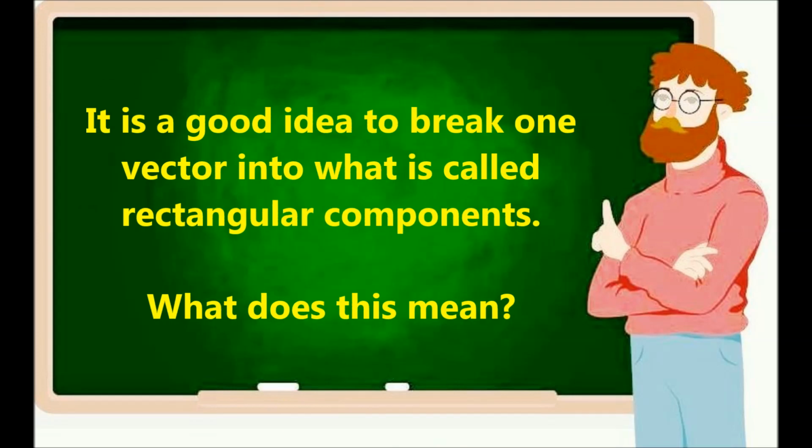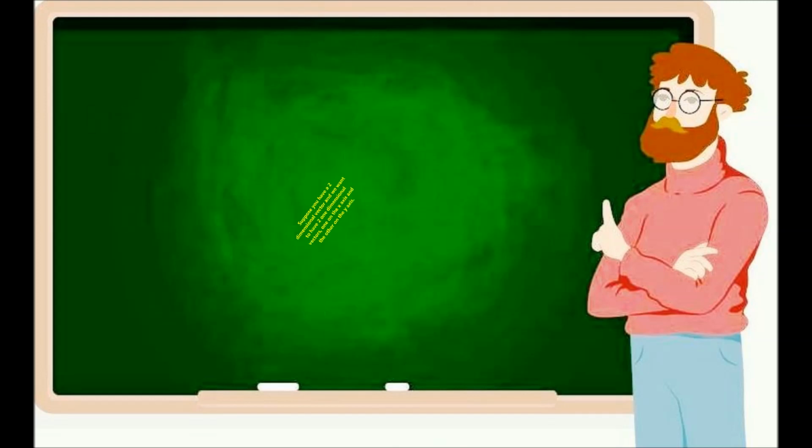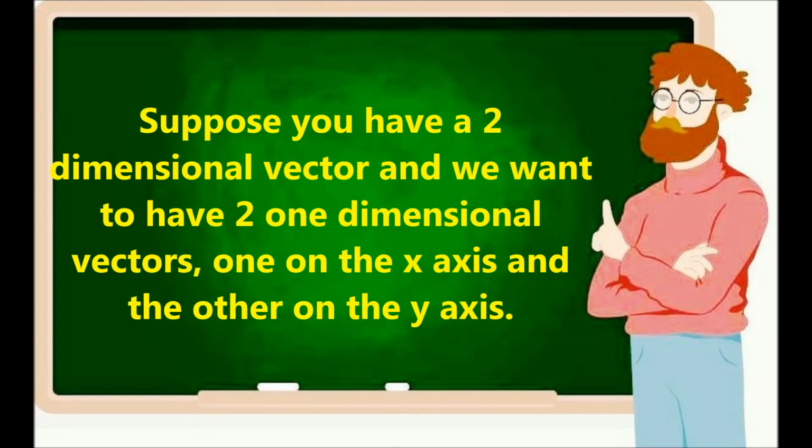It is a good idea to break one vector into what is called rectangular components. What does this mean? Suppose you have a two-dimensional vector and we want to have two one-dimensional vectors.